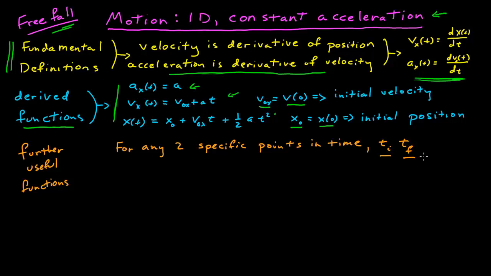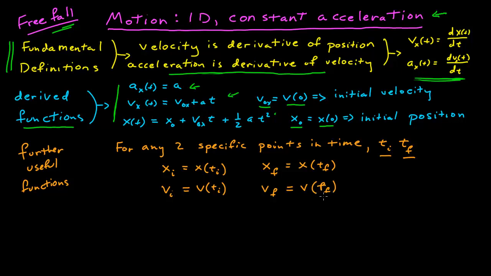Okay, for some initial time and final time, I'm going to have some initial position, which is the position function evaluated at the initial time, and some final position, which is the position function evaluated at some final time. There's going to be some initial velocity, which is the velocity function evaluated at some initial time, and then some final velocity, which is the velocity function evaluated at the final time.